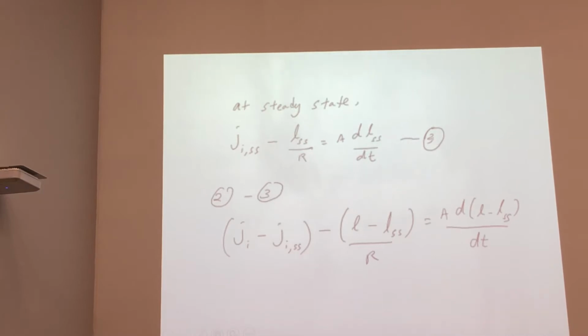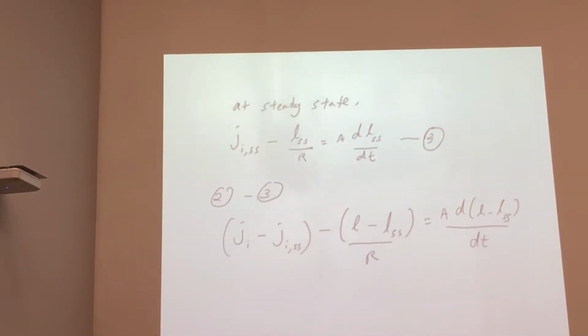From equation 2 to 3, right, it's the same equation, but I create a steady state equation. Alright? Equation 2 is the generic equation for the flow rate plus the tank level. Equation 3 is this flow rate only happening during the steady state and the tank level only happening during the steady state.